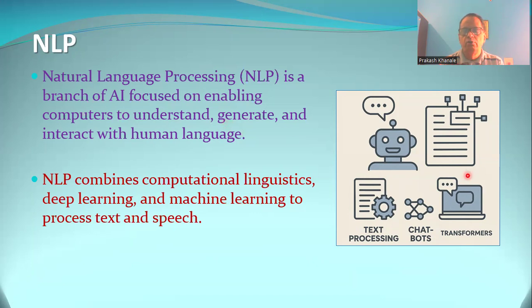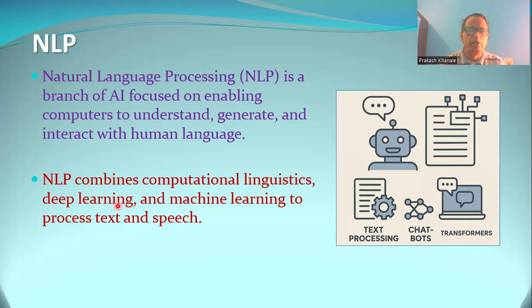So as shown in this window, one can easily understand that the text can be processed, the human language can be understood, and then the corresponding response will be generated. So it is actually a kind of combination of computational linguistics.